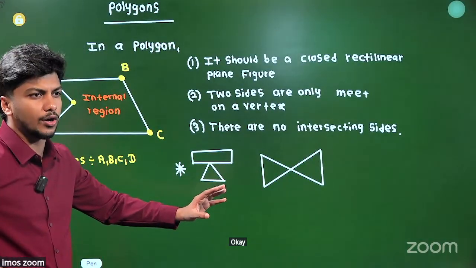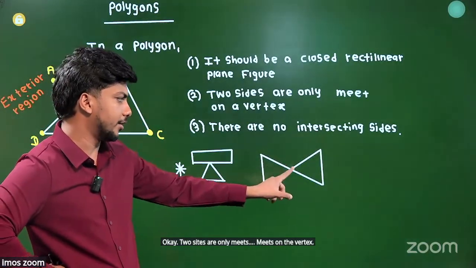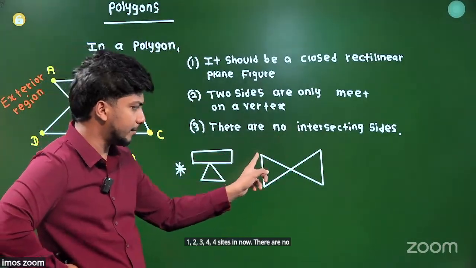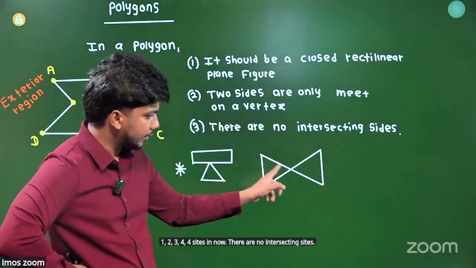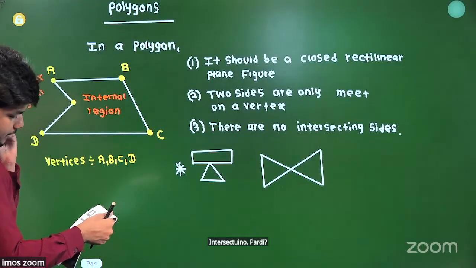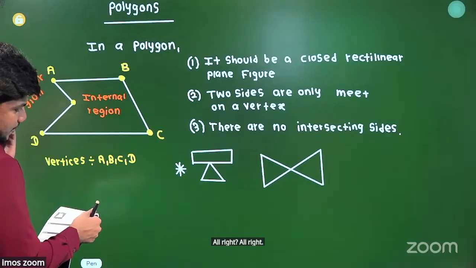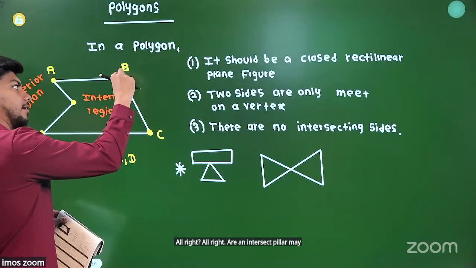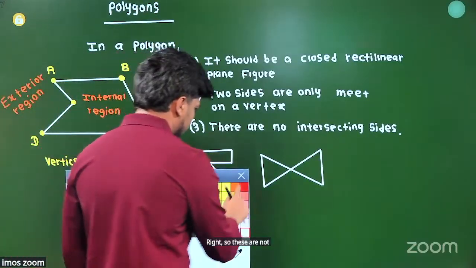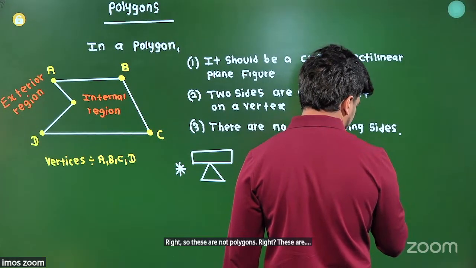Two sides only meet on a vertex. No, here at this vertex four sides meet, 1, 2, 3, 4. Also, there should be no intersecting sides. Look, this side and this side intersect. It is fine for a point to be formed where they intersect, but it cannot go like this. So these are not polygons.